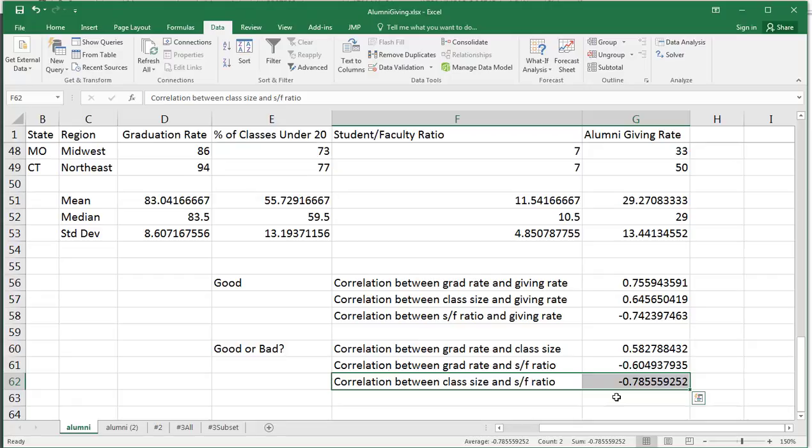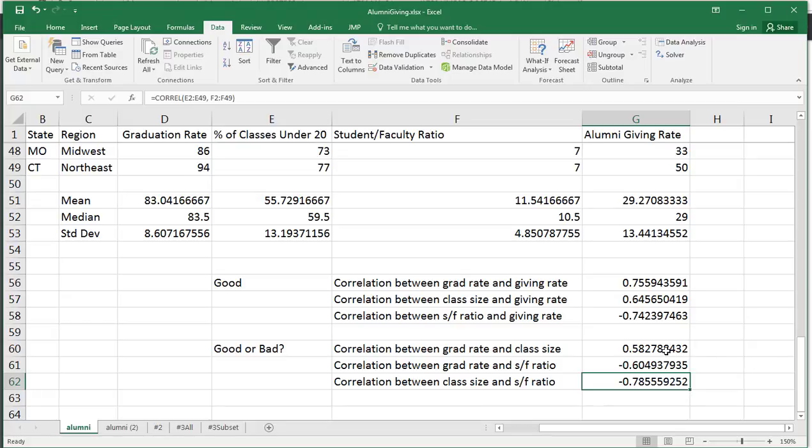The smaller the classes, then what does that mean for student faculty ratio? I'll let you think about that and figure that out. But what this means is that because the correlation between class size and student faculty ratio is that highly negative, we should not include both of them in the multiple regression we're trying.